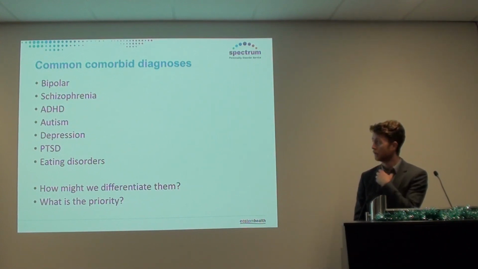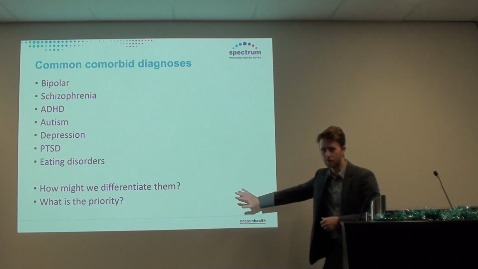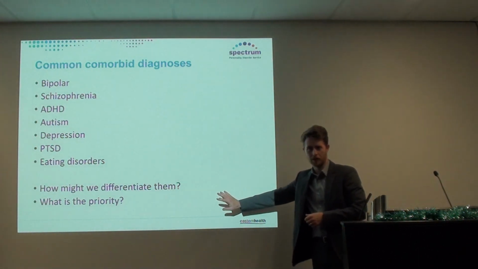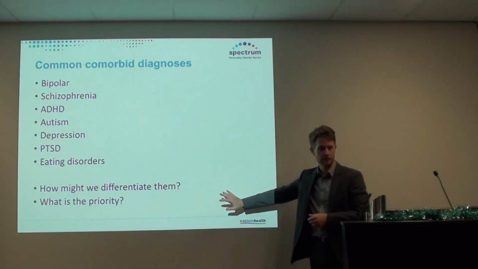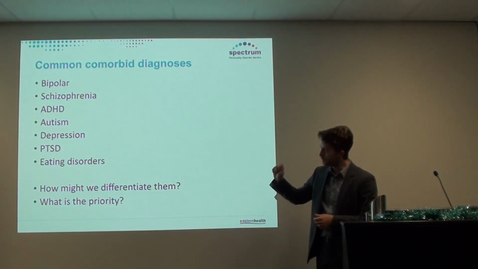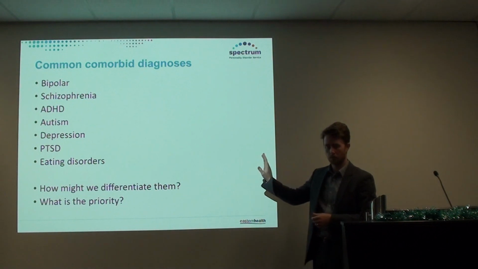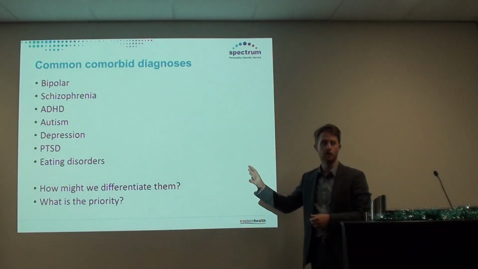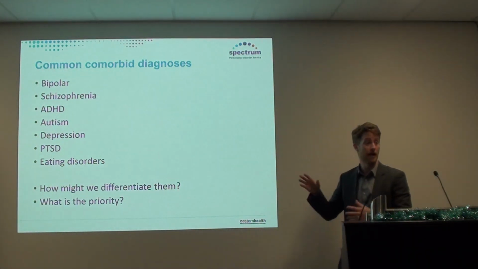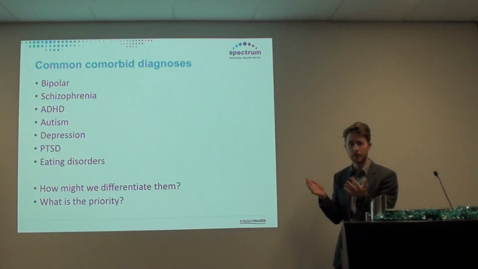I mean, this again, it's a bit of a trick question down the line, because I don't think that there is a real answer to this. But the point I'm trying to make here is that this is very common. It's very, very rare that you're going to have somebody that has just a pure diagnosis of BPD.